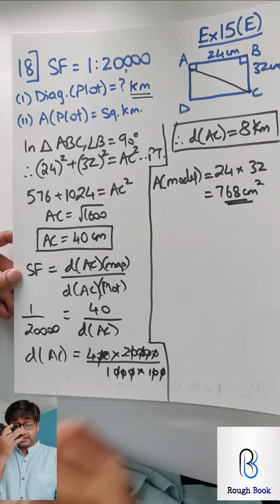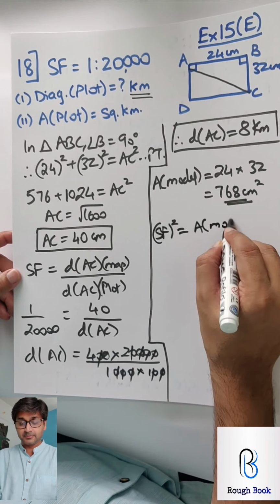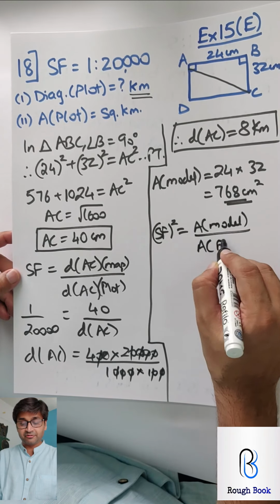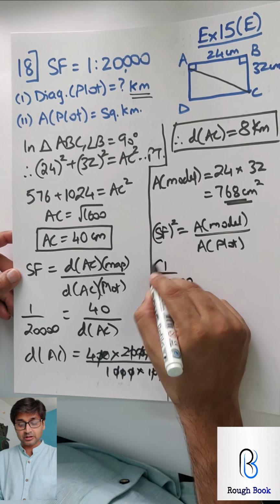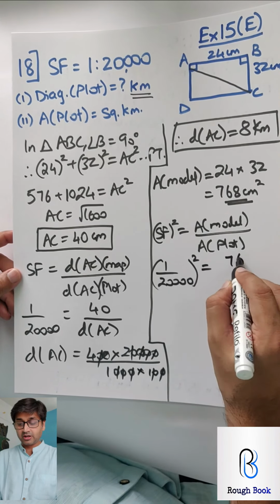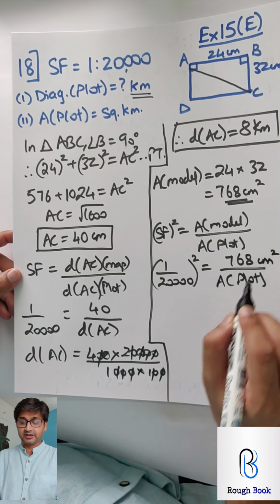Now you are going to convert centimeters also. So scale factor square, area of model upon area of plot. So scale factor 1 by 20,000, the whole square. Model 768 upon area of plot, and this is in centimeter square.